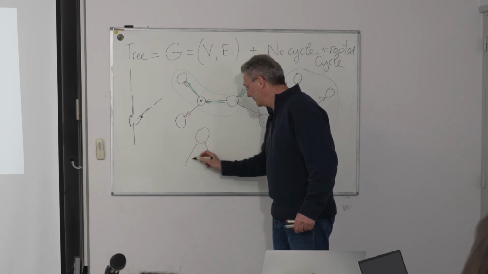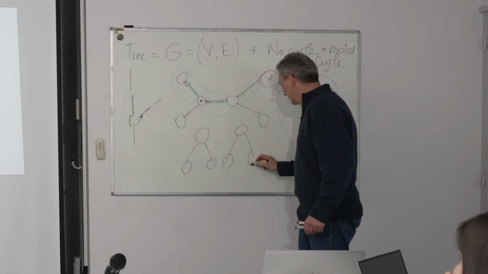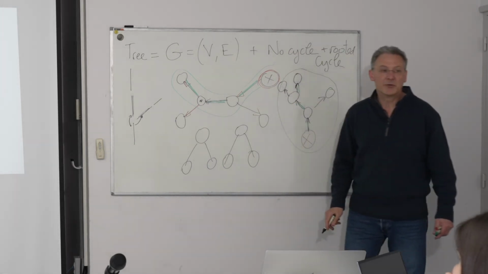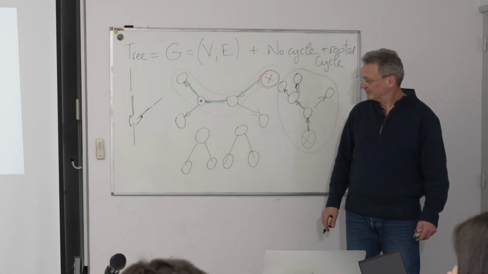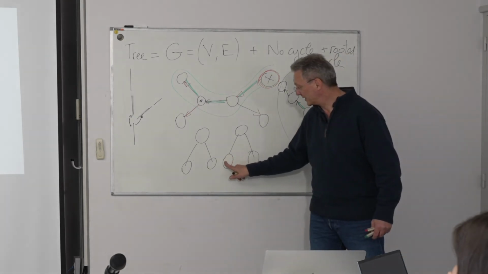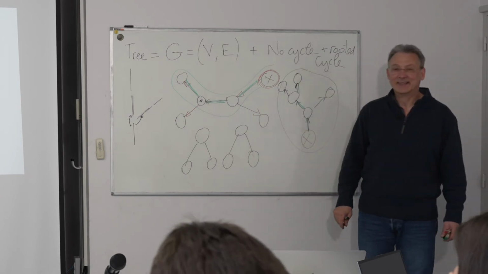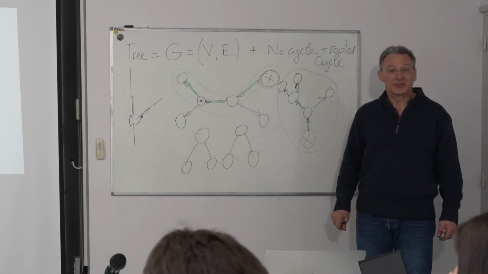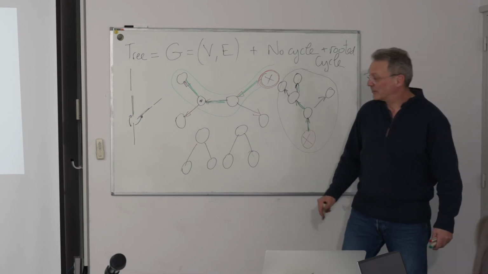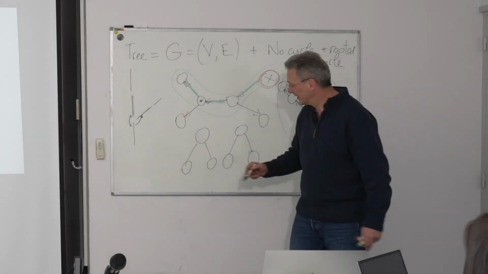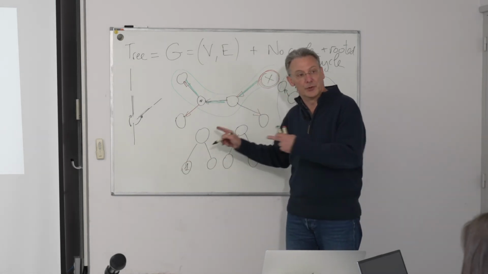This is a tree, and this is another tree. Can you tell me whether these trees are different? They look pretty much the same. Actually, they could be, but they are not, because in my mind, this is the first child, because I wrote this on a board.